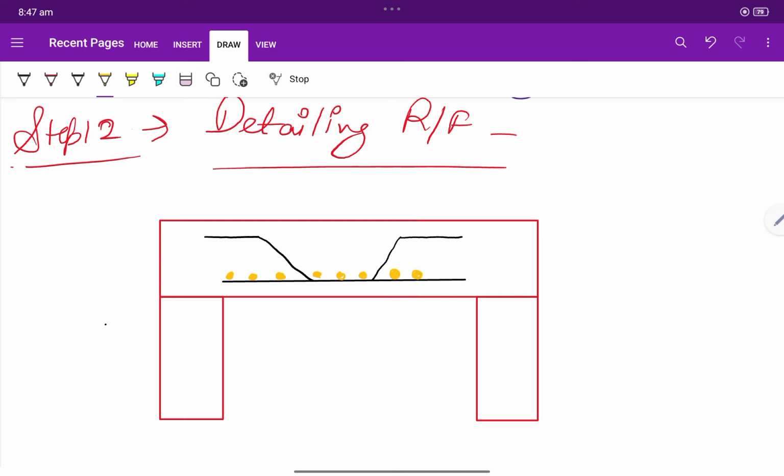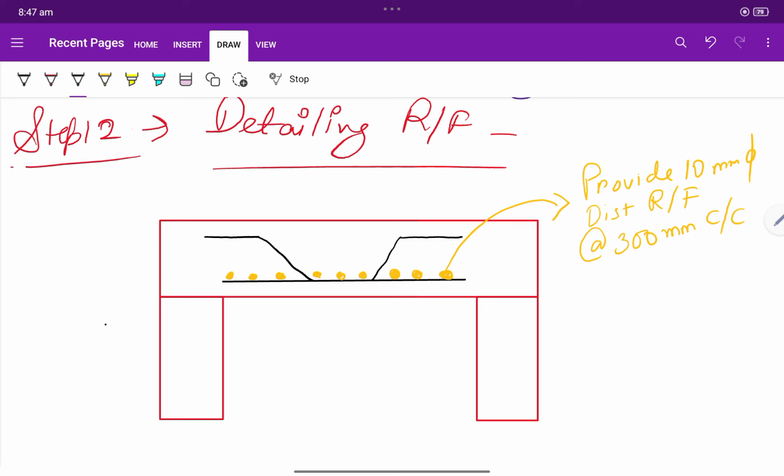Provide 10 mm dia bar. This is the distribution reinforcement at the rate spacing 300 mm center to center.